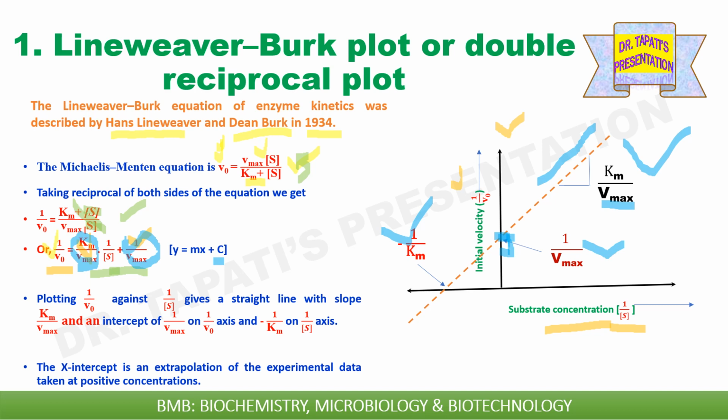If you see this figure, you will see that the x-intercept, this point, which is minus 1 by Km, is an extrapolation of experimental data taken at positive concentrations, because substrate concentration can't be negative.